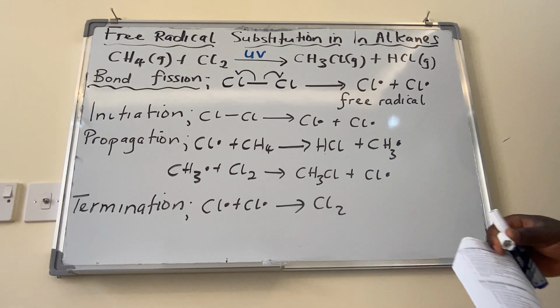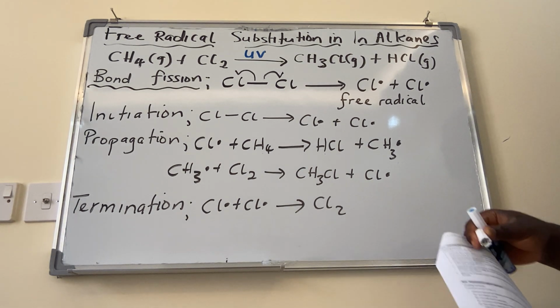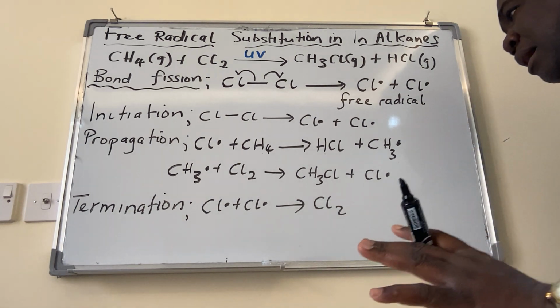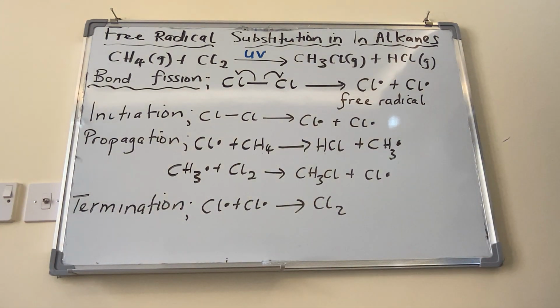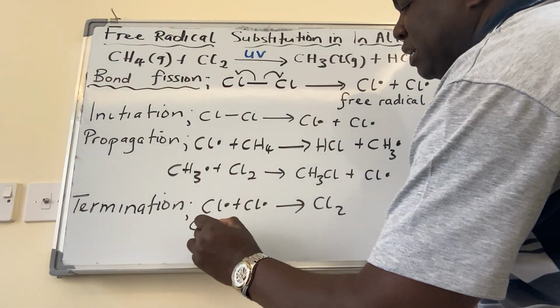And in chemistry, the probability of this reaction happening is random, okay? A free radical can collide with a molecule, or a molecule can collide with a molecule, or a molecule can collide with a free radical, or a free radical will collide with another free radical. And that can actually result in what we call termination, okay?